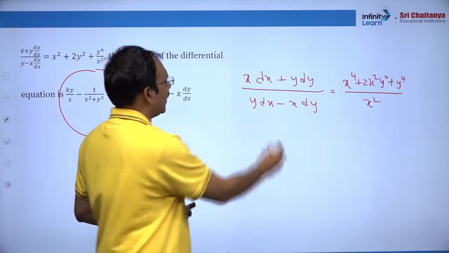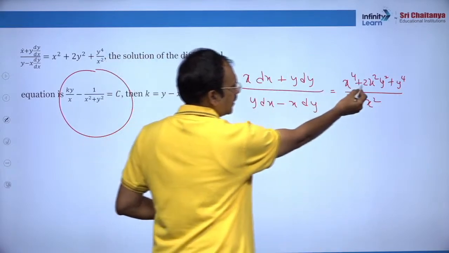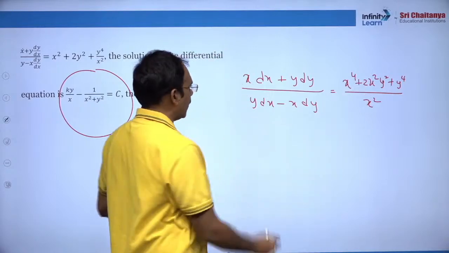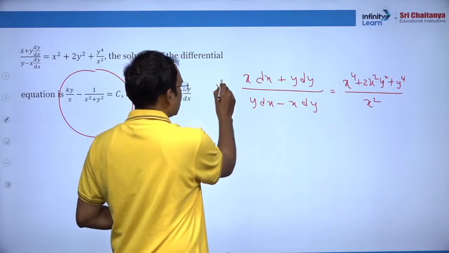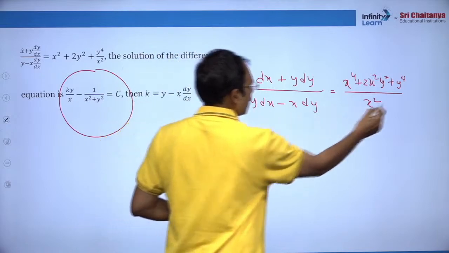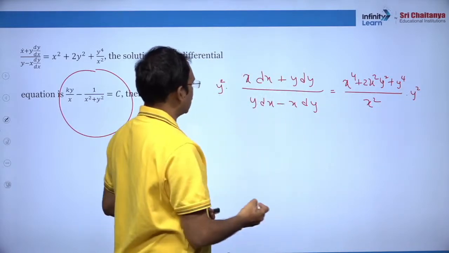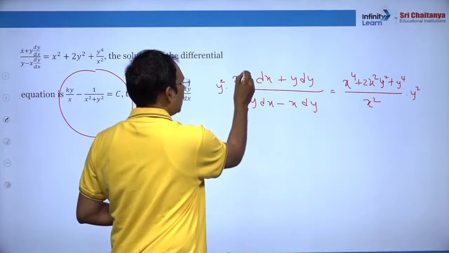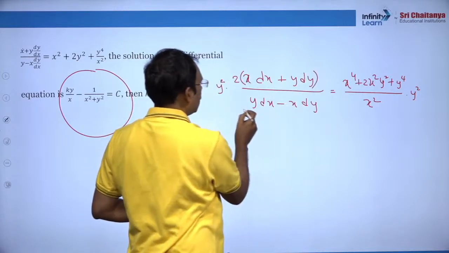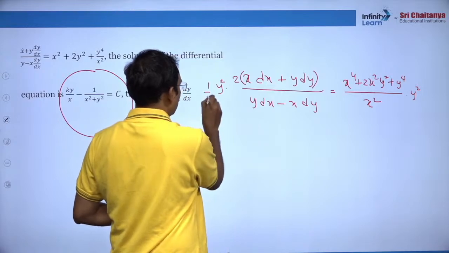It is very clear. You can write it as x square plus y square whole square. You just multiply with y square here and y square here, so that I can write x by y whole square.